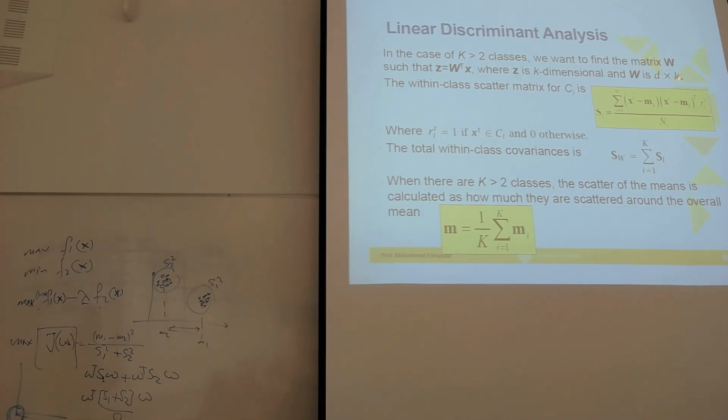If we have k classes, then this matrix W should be D by K. D is the dimension of the data itself, and K is the number of classes. Now Z is not a scalar anymore. Z is a vector, and this vector is W transpose times X, and our concept here is exactly the same as in the case of 2 classes.